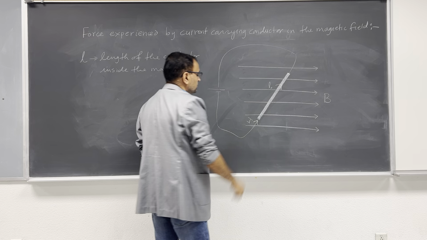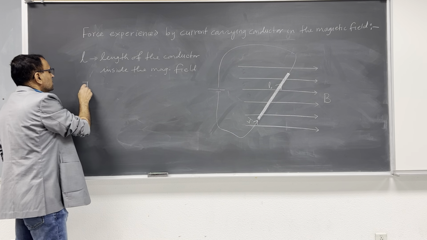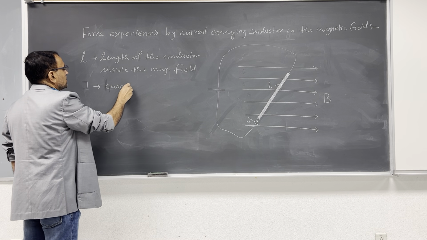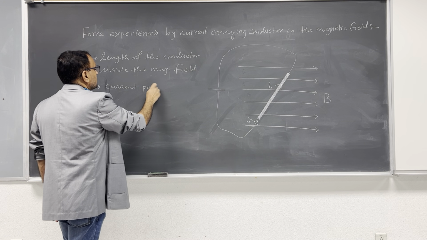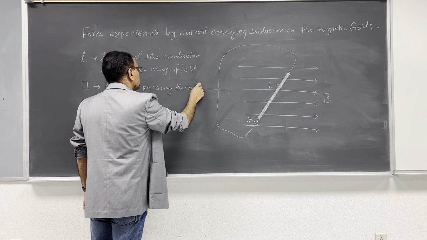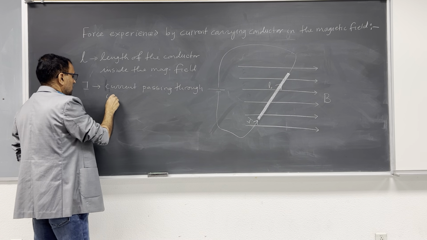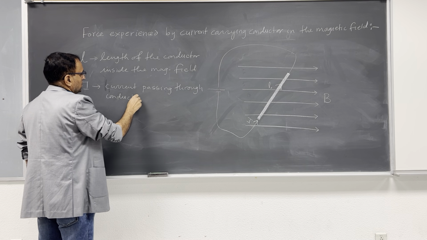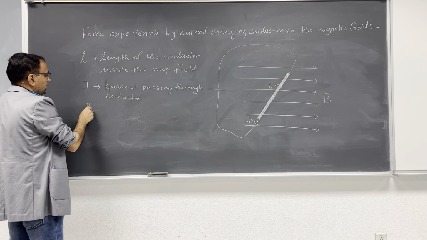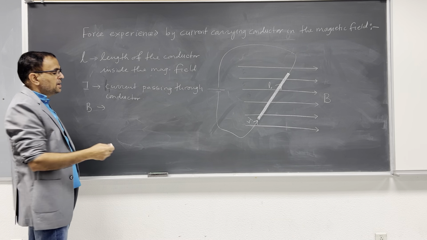Current is I. I be the current passing through the conductor, and of course B is the magnetic field. It is a uniform magnetic field.